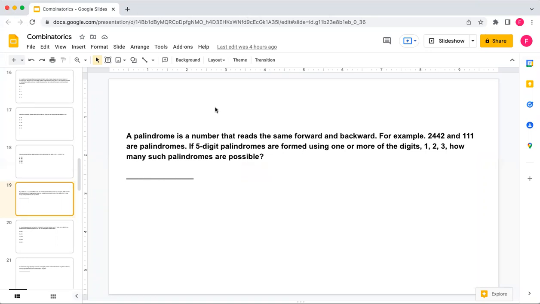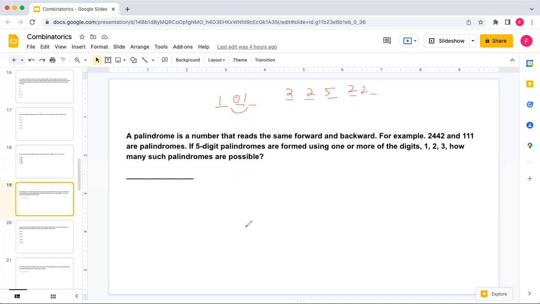A palindrome is a number that, when you reverse it, stays the same. For example, 101, or for example, 22522. If you reverse this, it will be the same as forward. If you read this forward or backward, it is the same.